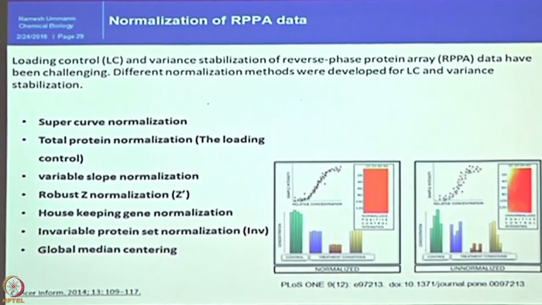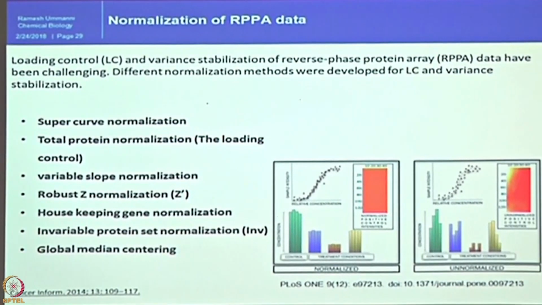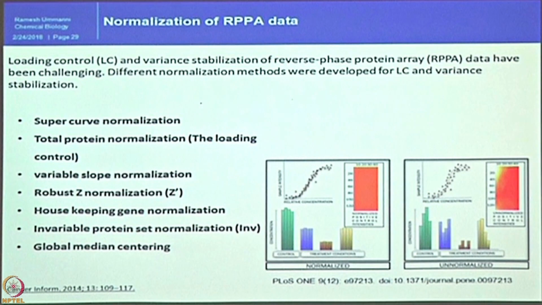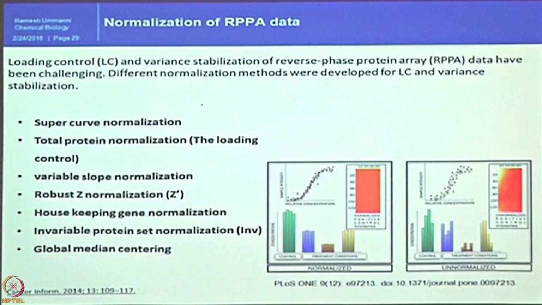Particularly in RPPA data, normalization is very difficult, because when you do the protein estimation and when you extract, all these steps cannot be implemented for 1000 samples in the same manner. It is very difficult. If you do 10 samples, you will have 10 different values in terms of protein concentration, in terms of method you followed and all. So, to avoid that, different normalization methods have been developed to apply for RPPA data.